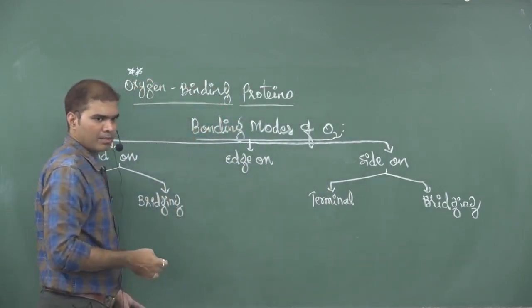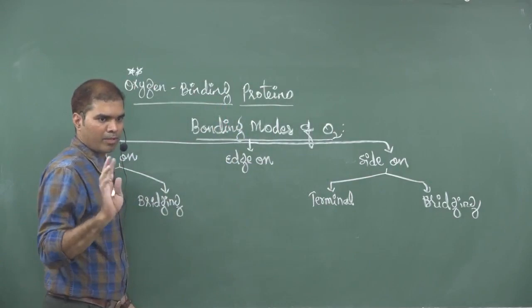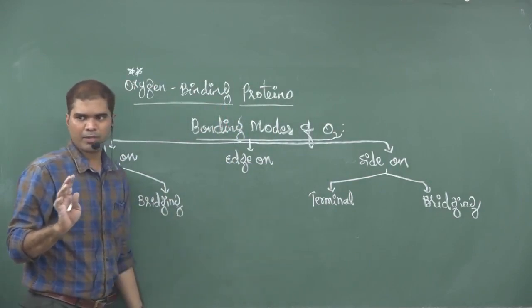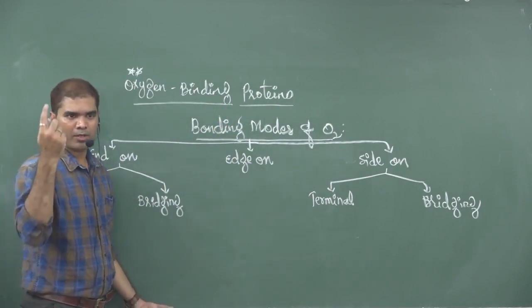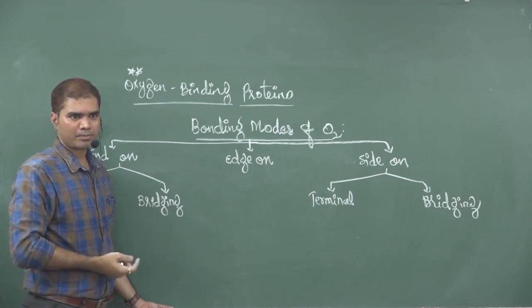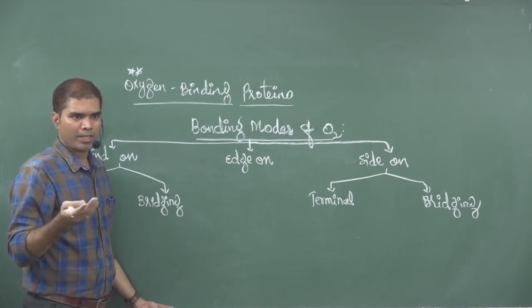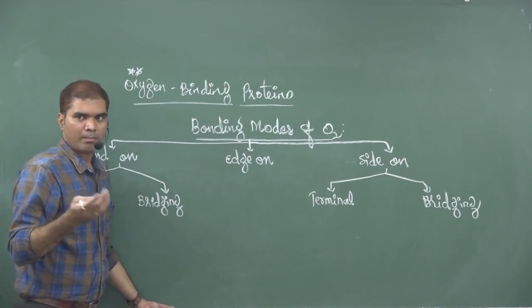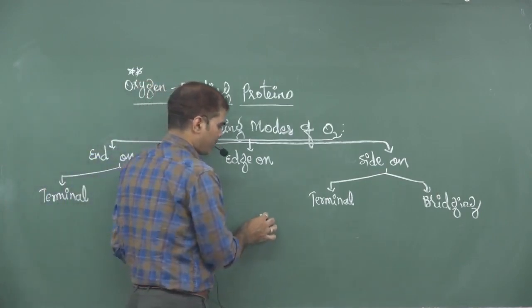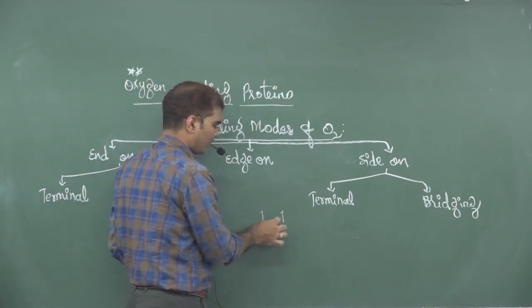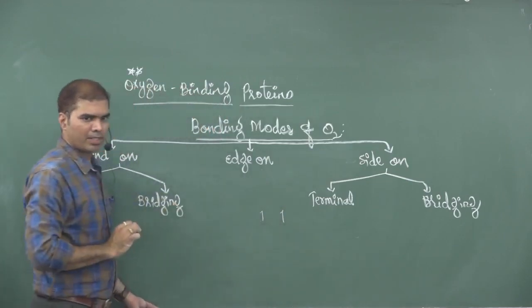Spin singlets means there will be no unpaired electrons. If I choose any organic molecule, do you find any unpaired electrons? No. Glucose has no unpaired electron. But dioxygen has two unpaired electrons, so we call it a spin triplet.